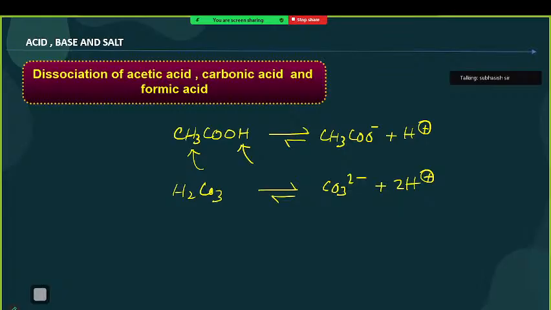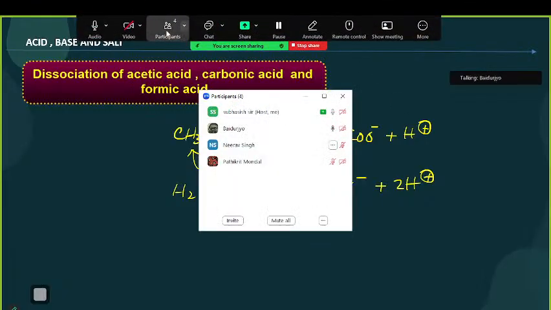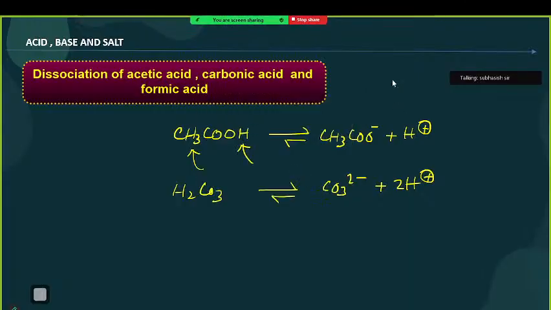Now formic acid, do you know what is the formula of formic acid? Anyone? What is the formula of formic acid? Boidurjo? HCOOH. Very good. HCOOH is formic acid.